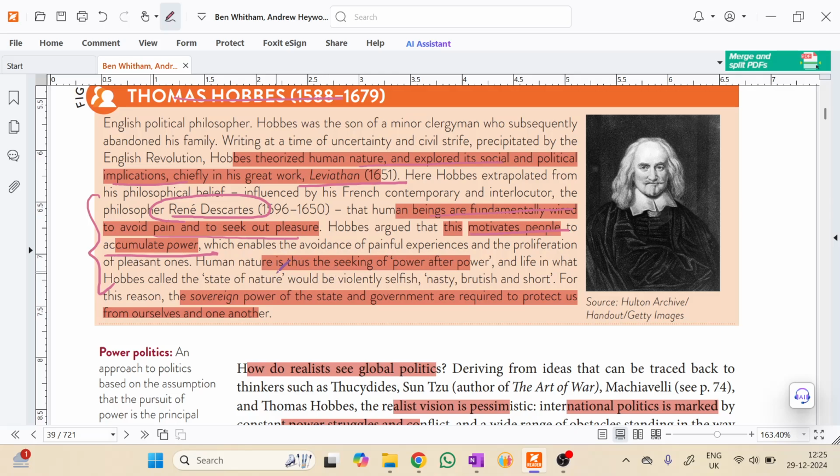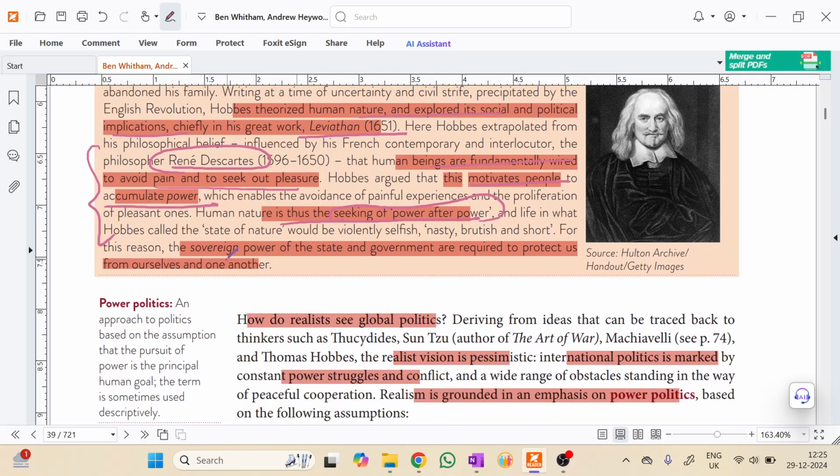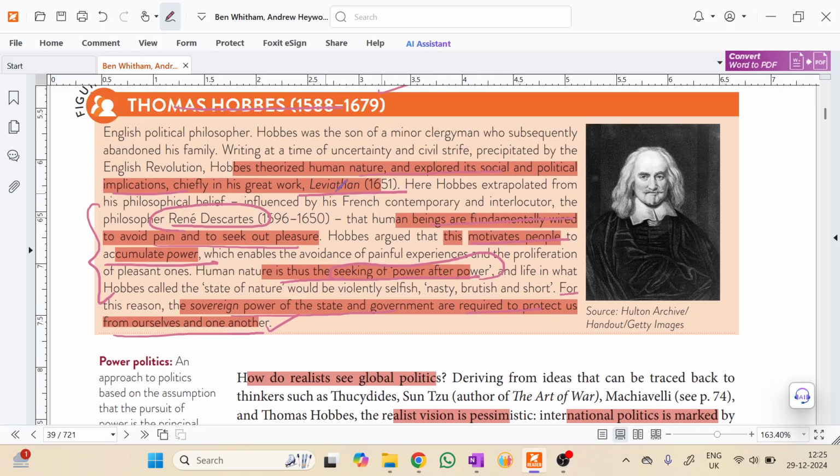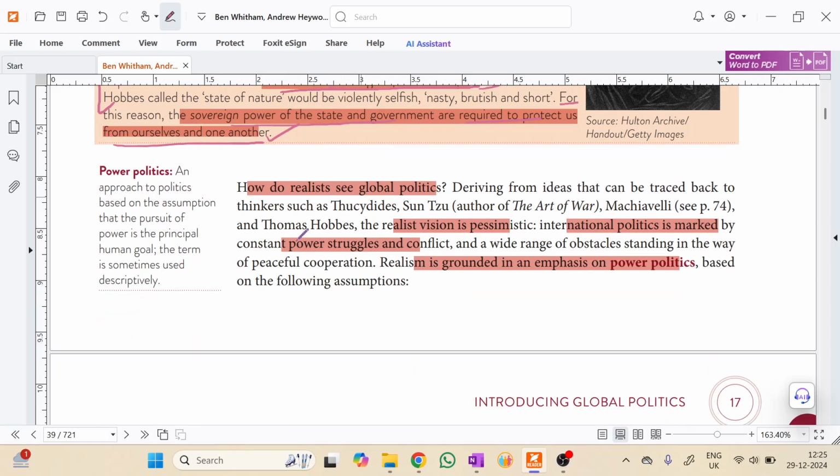So, according to Hobbes, human nature is built upon the desire to accumulate power, to gain power. For this reason, the sovereign power of state and government is required to protect us from ourselves and one another. This was the basic idea given by him in his book Leviathan.